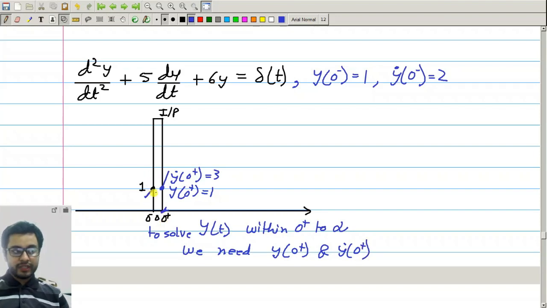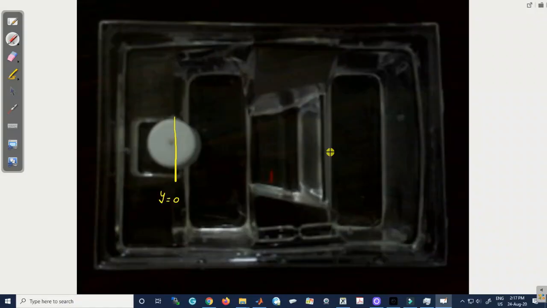Therefore, in the first step, we have calculated y(0 plus) and y dot (0 plus) from the given y(0 minus) and y dot (0 minus).